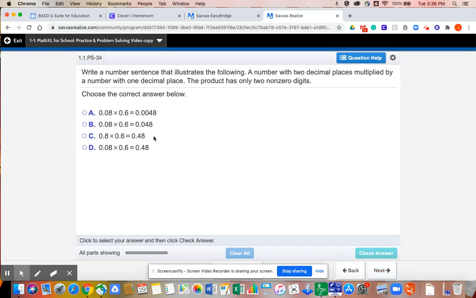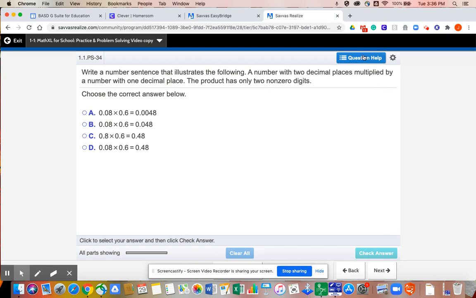The next question says, write a number sentence that illustrates the following: a number with 2 decimal places multiplied by a number with 1 decimal place. The product has only 2 non-zero digits. So what it's looking for is, now I'm like, what in the world are they talking about?